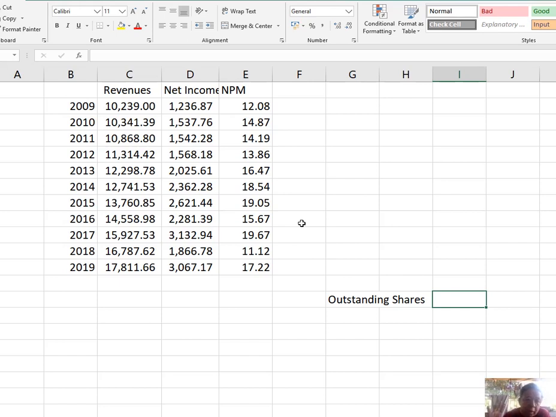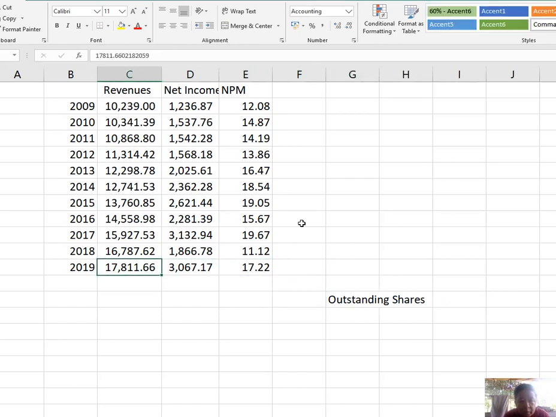So parang more or less it's the usual outstanding shares, hindi siya tumataas, hindi siya bumaba. Okay, so let's just put it as a constant, no? So let's say ang outstanding shares natin kasi ito, this is billion. So when you say 17,811, that means 17 billion 800,000.